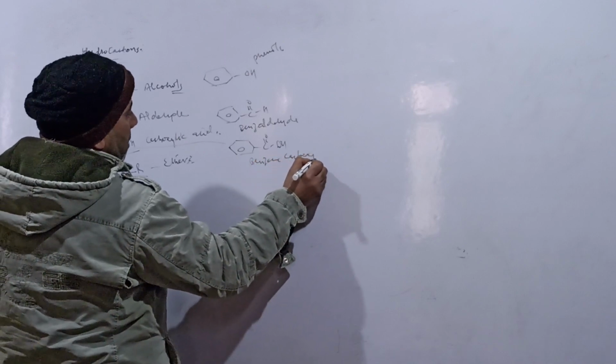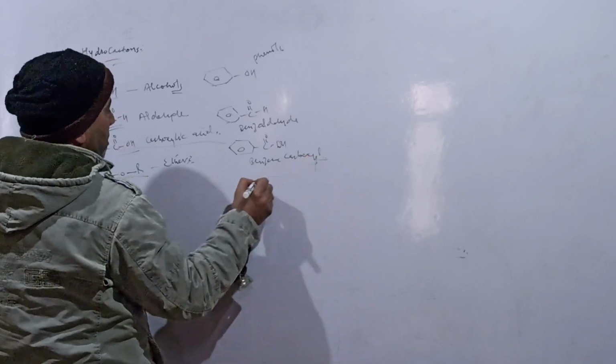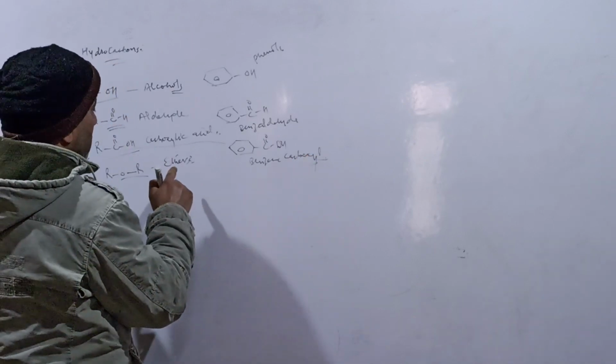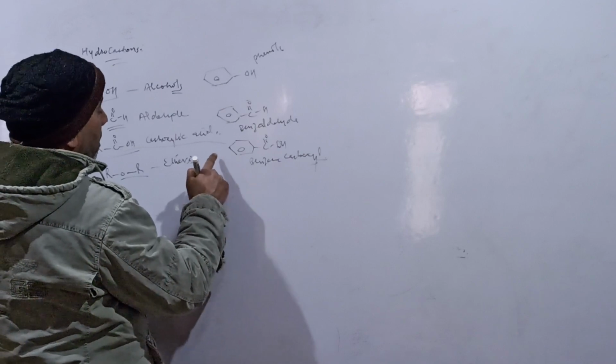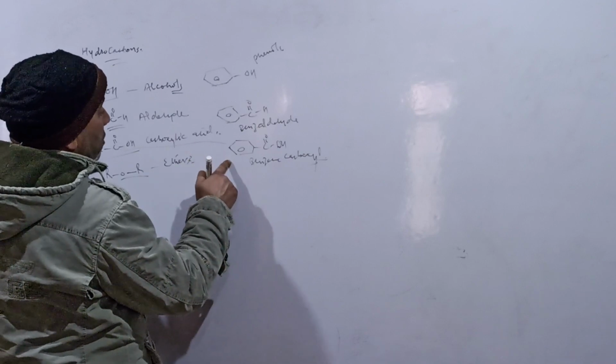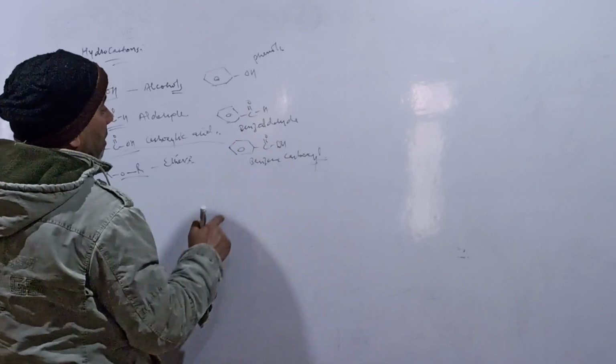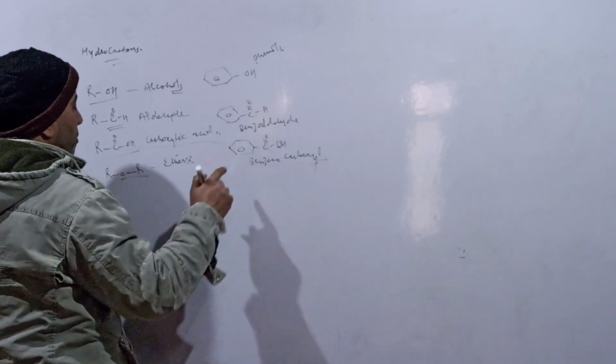That is the name in the IUPAC system for carboxylic acids. For ring compounds, the name of the ring is given, then we add carboxylic acid, that means benzene carboxylic acid.